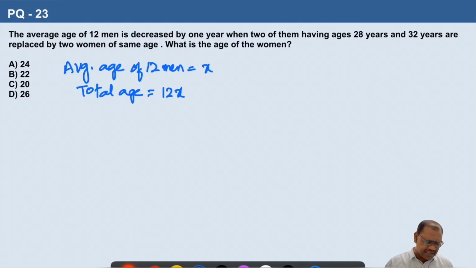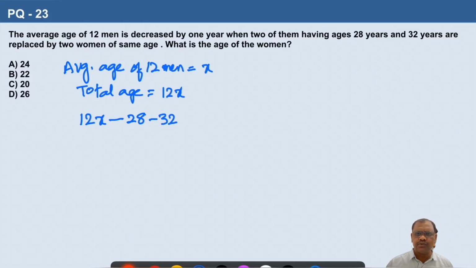So average is decreased by 1 when two men with ages 28 and 32 leave. So from 12x we need to subtract 28 and 32 because they are leaving.